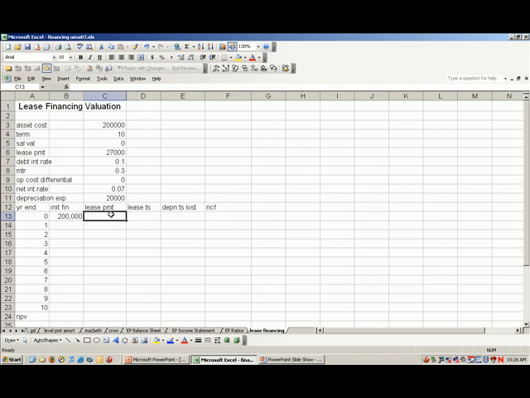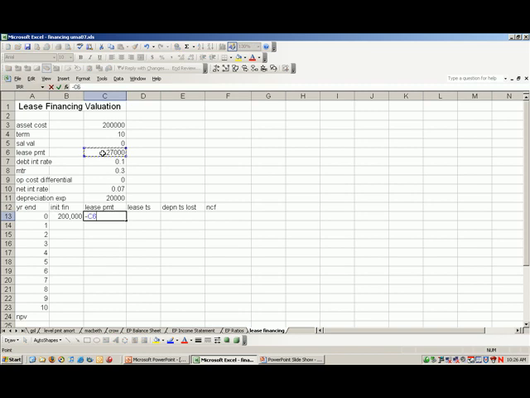In each year of the lease, the firm has to make a lease payment of $27,000. That lease payment occurs at the beginning of each year, and it's a cash outflow.